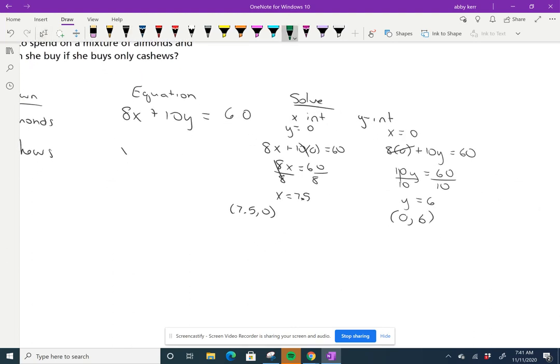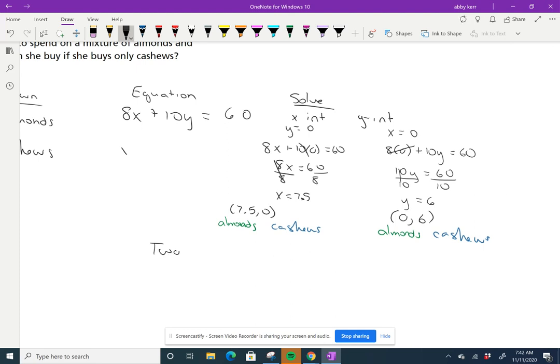Now what I recommend doing is always going back and double checking. My x's are talking about almonds. And my y is talking about cashews. So now you have to write your sentences.